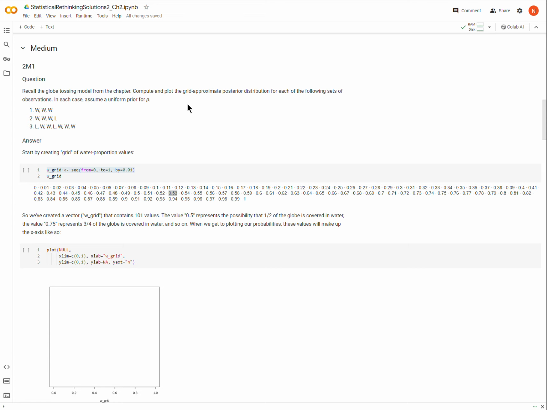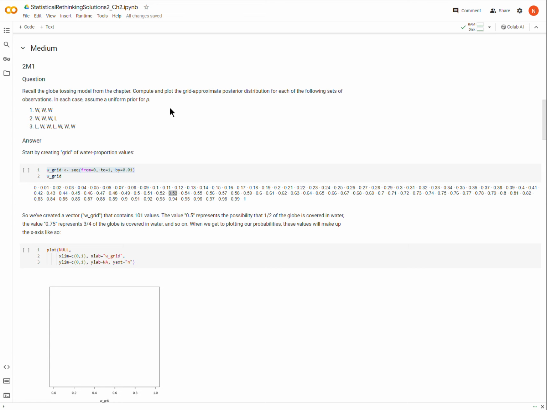The idea is that we're throwing around this globe. Every time we catch it, the person who catches it has their index finger on either water or land. We're using the observations we collect to estimate what proportion of the globe is covered in water.